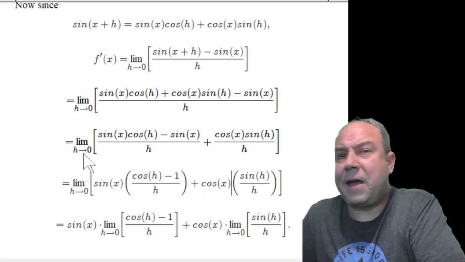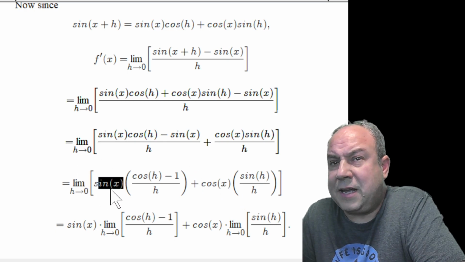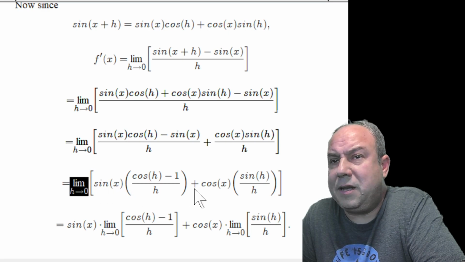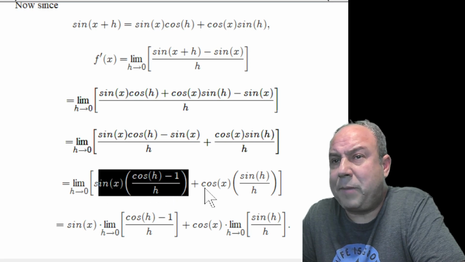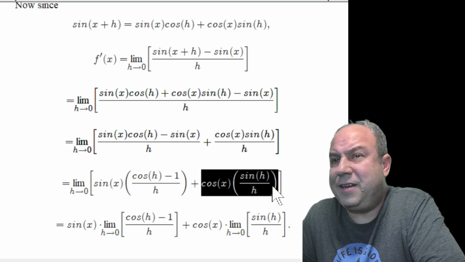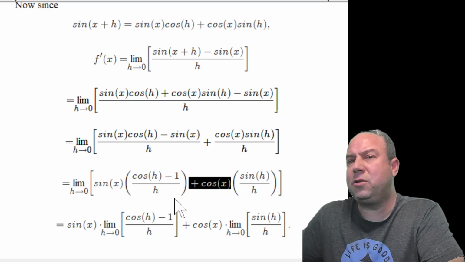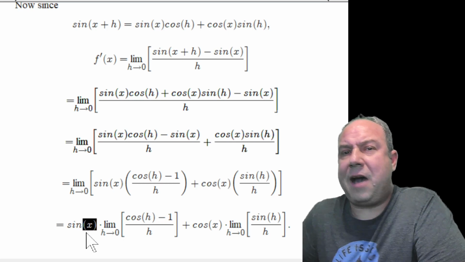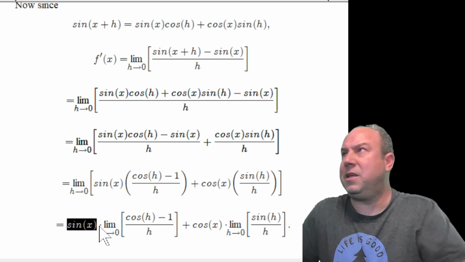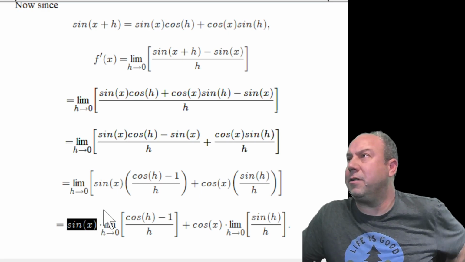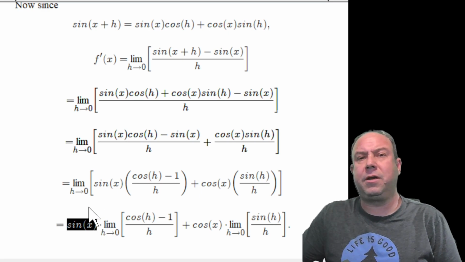Now that sine x and that cosine x, when we distribute this limit across this summation to this term and then to this term, are going to be constant multiples. And they can be factored out of those limit operations as we see here.